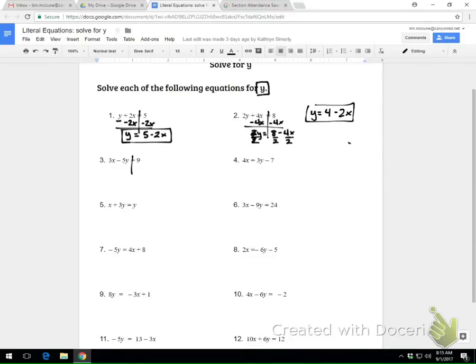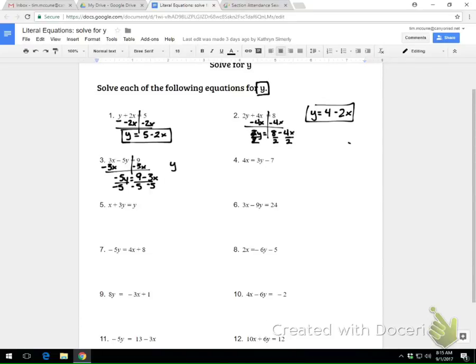Draw your line. What do you think I do first? Subtract 3x. So you get negative 5y equals negative 9 minus 3x. Divide by negative 5 to everything.